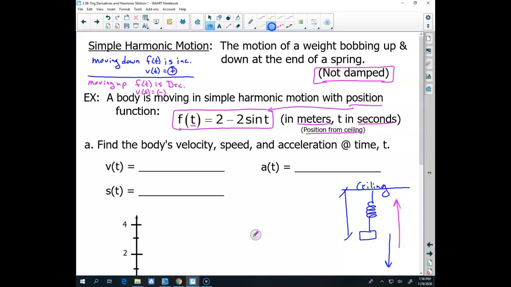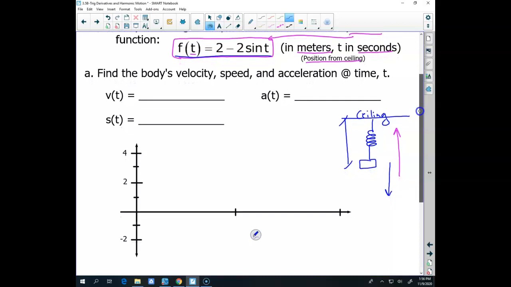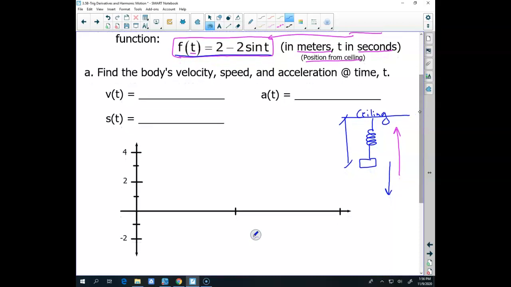So what we're going to do is not forget this: when it's moving up, my function's decreasing, and when it's moving down, my function is increasing. So if that's my position function f of t, we're going to quickly find the velocity, speed, and acceleration at time t.